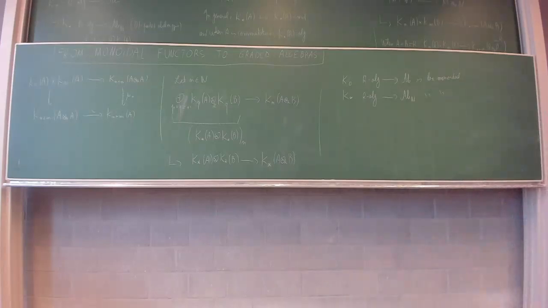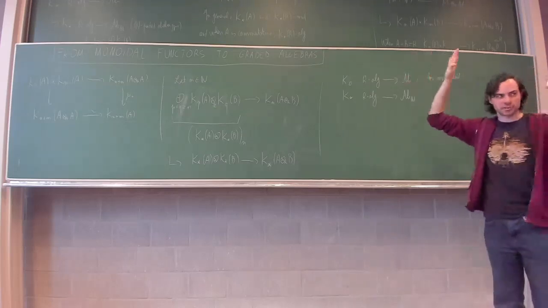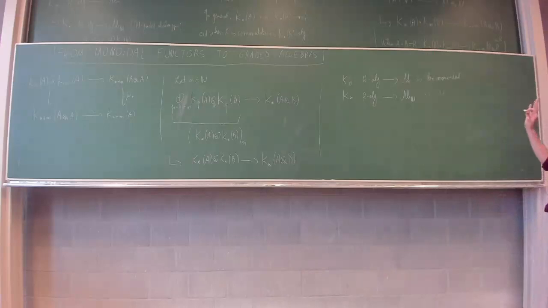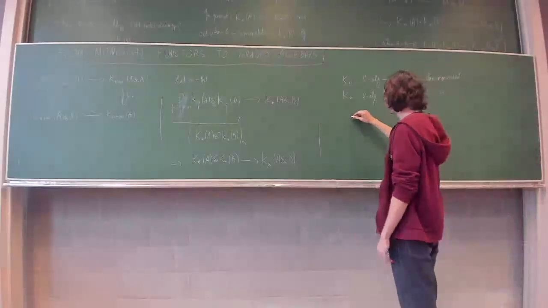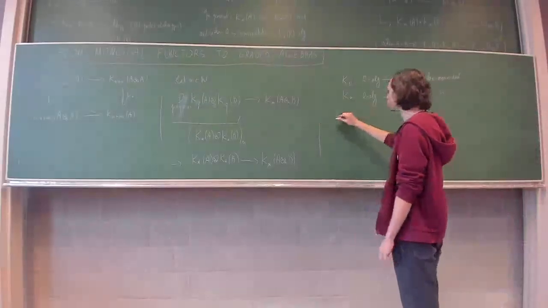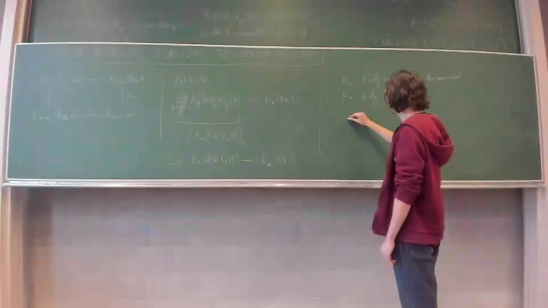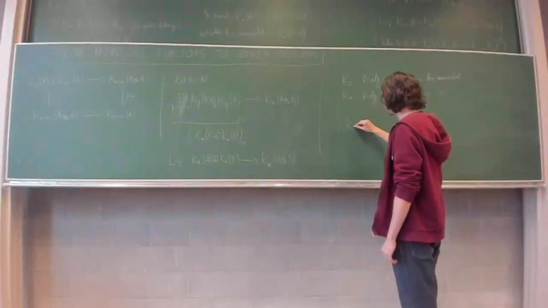So now we understand why K-theory, let's say K0, if you're more comfortable with just K0, of something commutative is a commutative ring, but K0 of something non-commutative is just a ring. I did not here study the commutative part. Let's just do it for K0 to simplify notations.